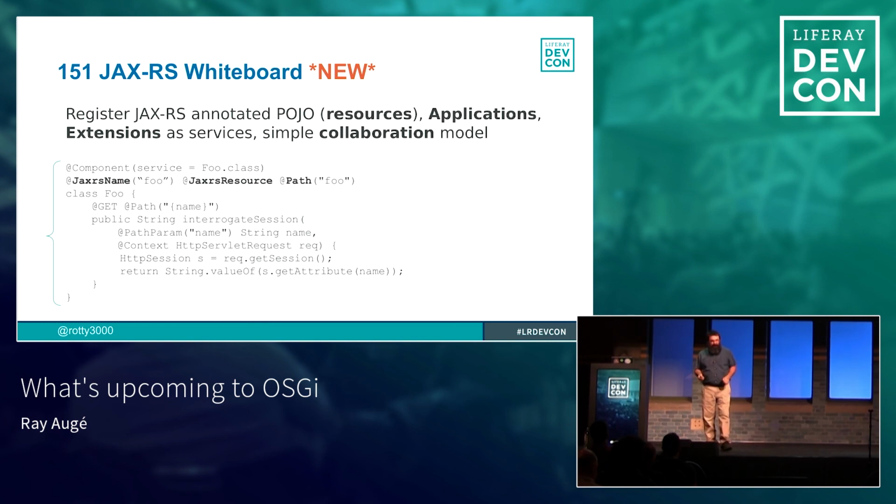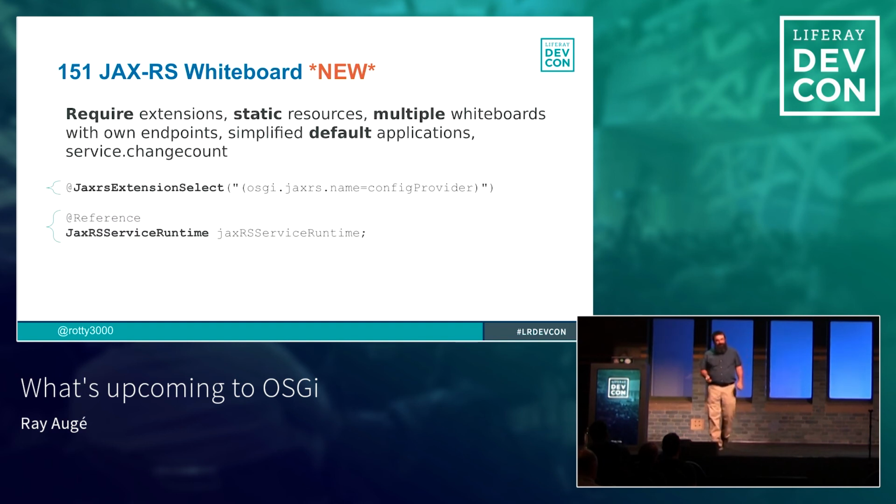Here's an example of the annotation-based configuration, all of the really nice stuff that we get with declarative services and dynamics, and then JAX-RS. All the different concerns there, requiring extensions and static resources and multiple whiteboards, all of these really cool things that help you build complex systems out of really nice reusable small pieces.